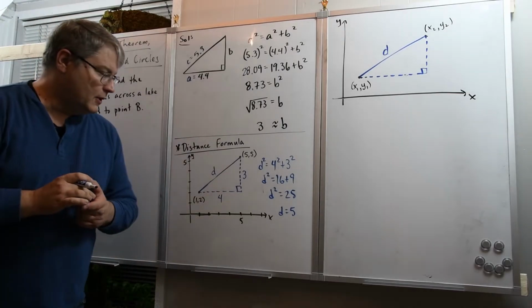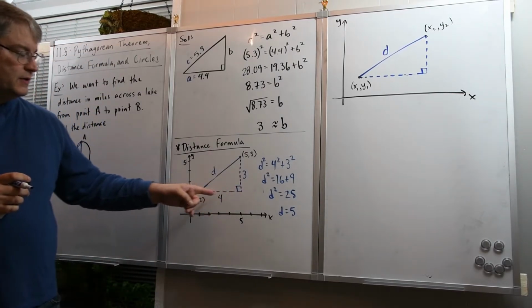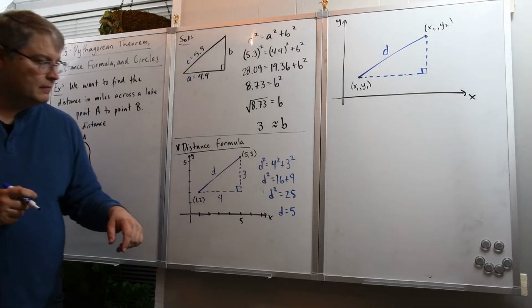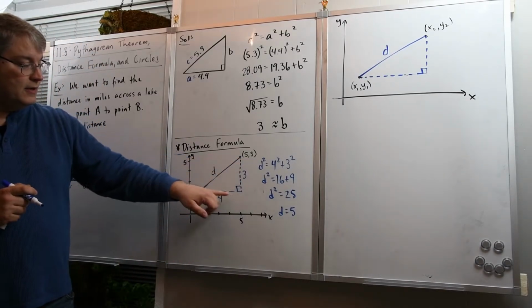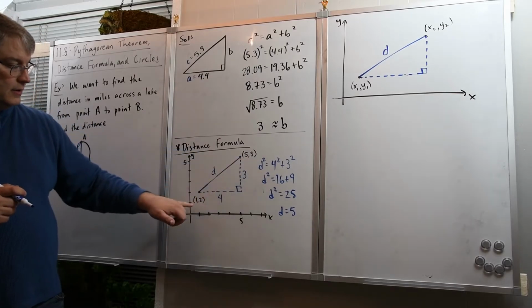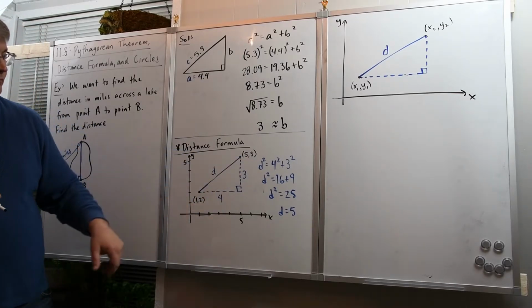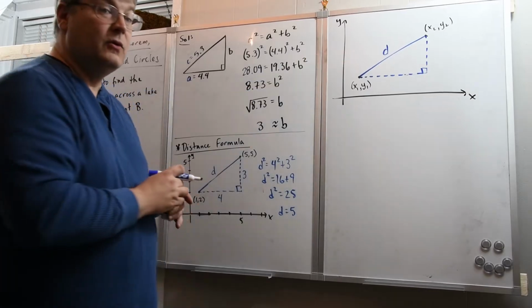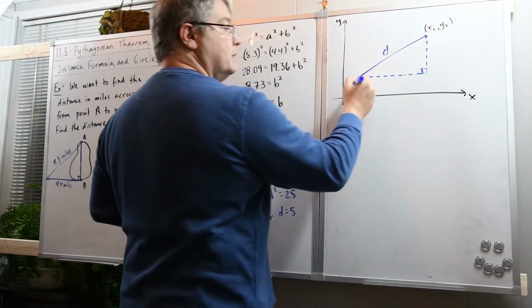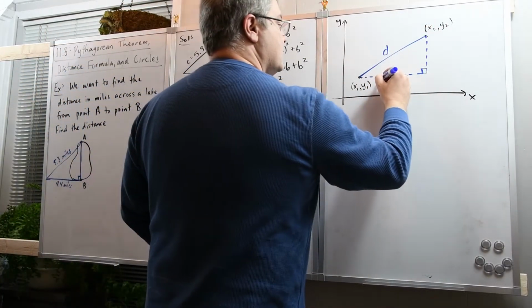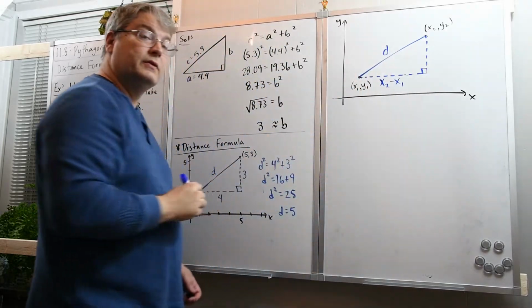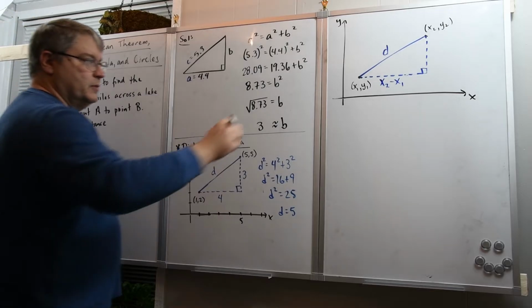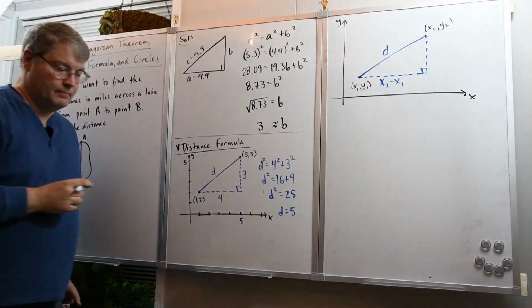But just like before, if we're trying to figure out the horizontal distance that we moved, we're taking the difference in the x-coordinates. Here, that 4 was given to us by 5 minus 1. But if we take the difference in the x-coordinates here, we're going to get x2 minus x1. So x2 minus x1 is the distance traveled horizontally as we move between these 2 points.